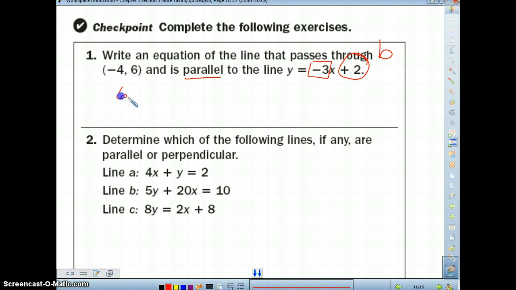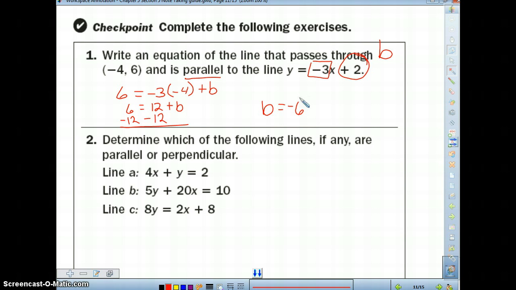So it would be 6 equals negative 3 times negative 4, the slope m times x, plus whatever our new b is going to be. So we have 6 equals 12 plus b. We're going to subtract 12 from both sides, and we come up with b equals negative 6.